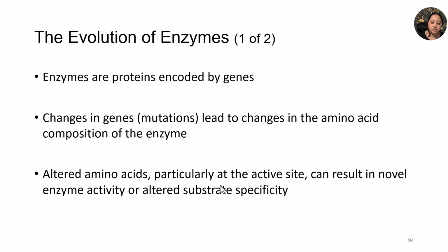So in a future lecture, we'll get into gene expression and how this happens. But yeah, changes in a gene, the recipe for a certain protein, end up leading to changes in the amino acid composition of the enzyme, and then altered amino acids, especially if it's at the active site, can result in new enzyme activity or altered substrate specificity.